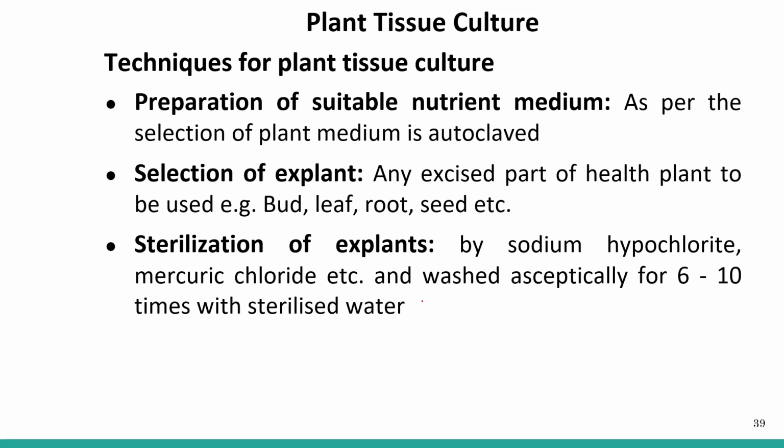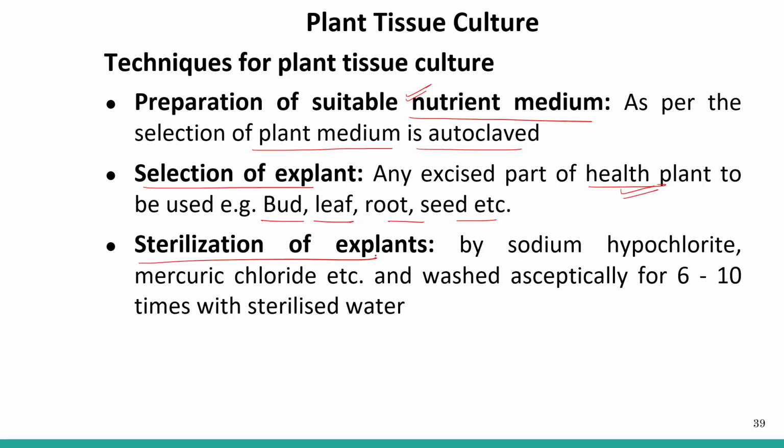Techniques for plant tissue culture. Preparation of a suitable nutrient media. When you are going for plant tissue culture, the first thing you require is the preparation of suitable nutrient media. As per the selection of the plant, the medium is autoclaved. Selection of explant. What explant are we going to use? It could be bud, leaf, root or seed, and we should take a healthy plant.